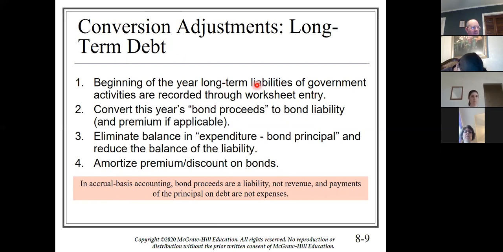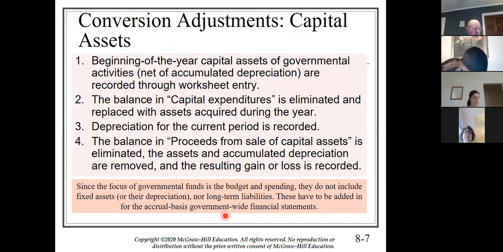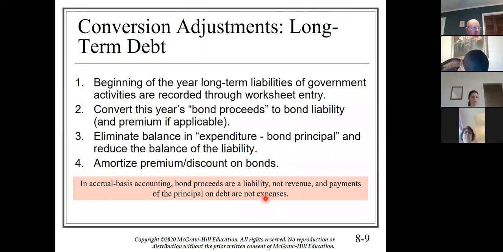Beginning of the year, long-term, okay, here's the next thing we have to convert. Because governmental funds do not include long-term liabilities, but their CAFR, the comprehensive report, must include them. So they take the beginning of the year long-term liabilities in the worksheet.